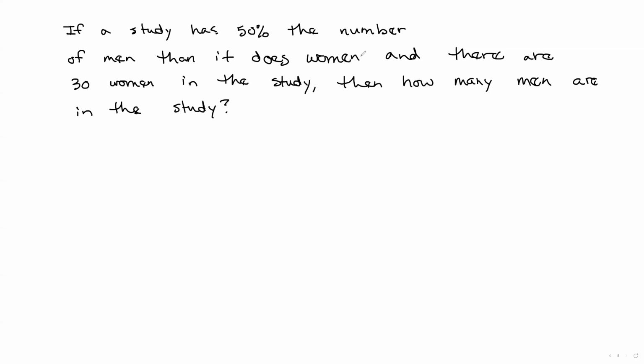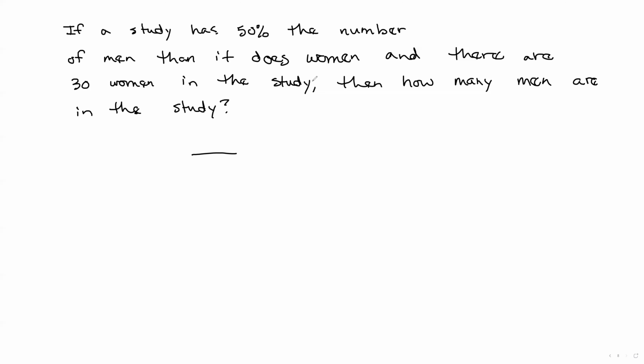So if this had said the number of women than it does men, then men would have been the baseline and women would have been the comparison quantity. That's just the way that the language works. If you see something like 50% the number of men than it does women, then women is going to be the baseline and men is the comparison quantity.